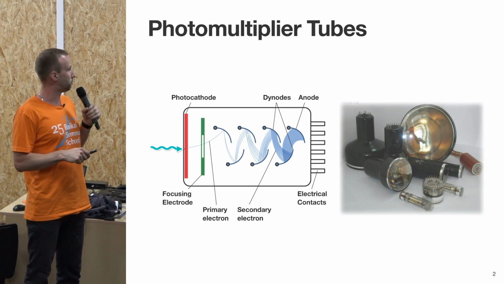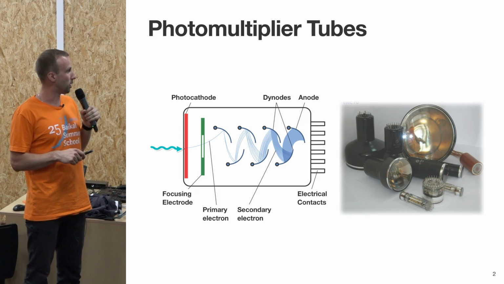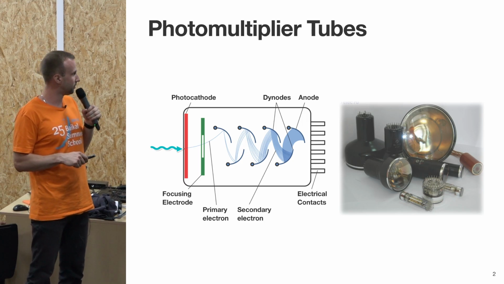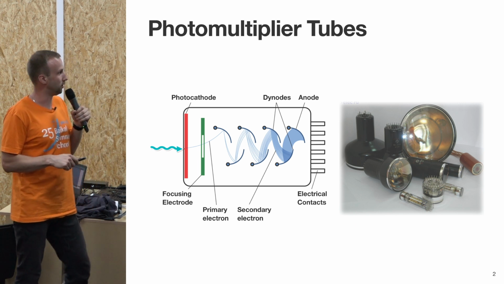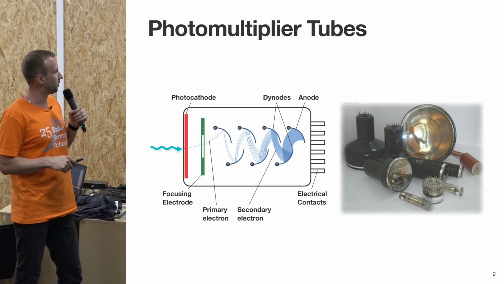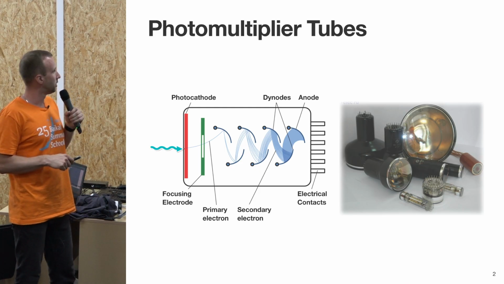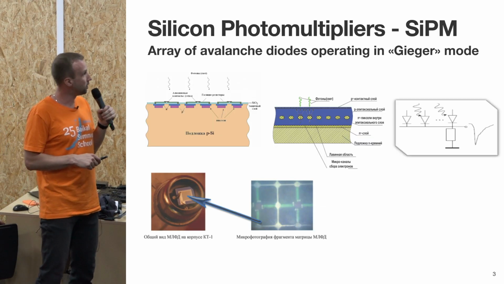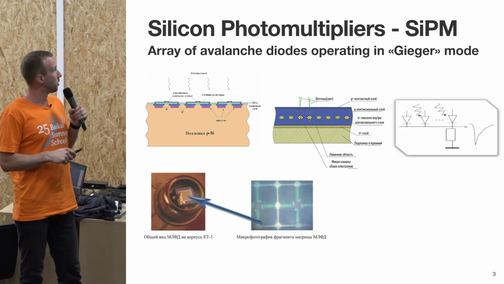So these are the few words I wanted to say about photomultiplier tubes. Those devices have been widely used for recent decades, starting from the 1930s. And nowadays the detectors are silicon photomultipliers. What is it?